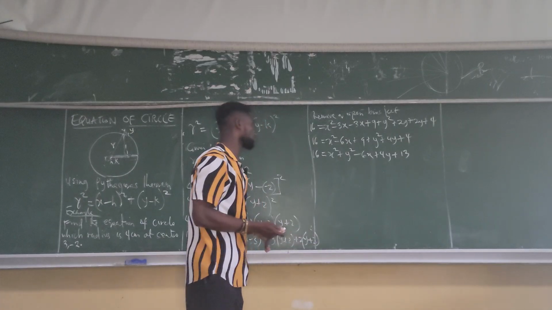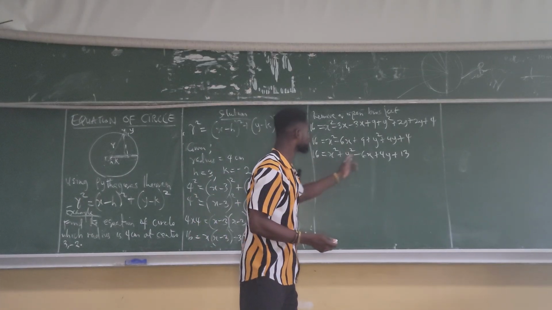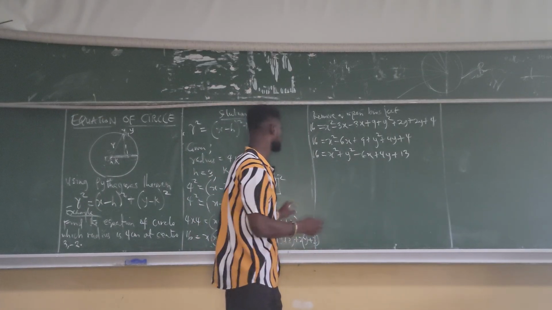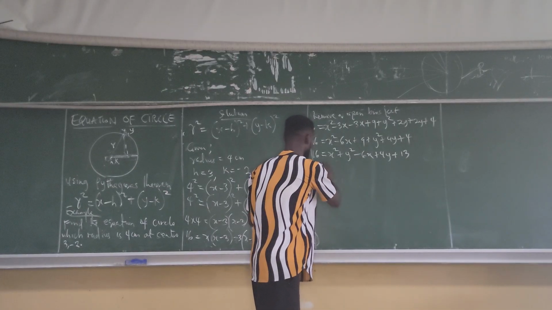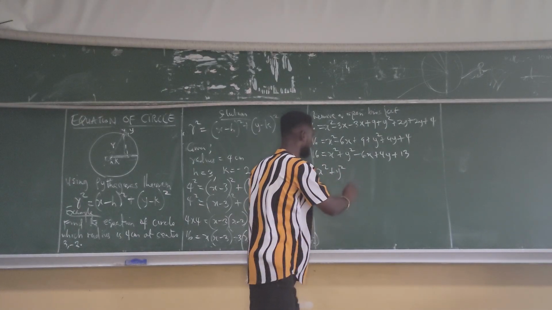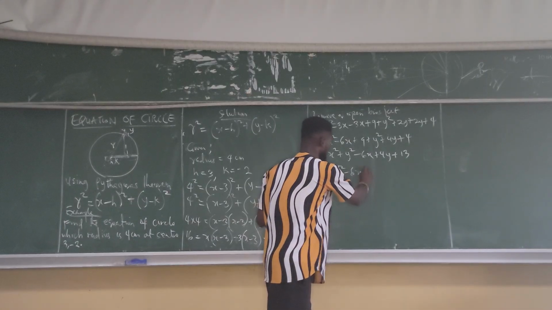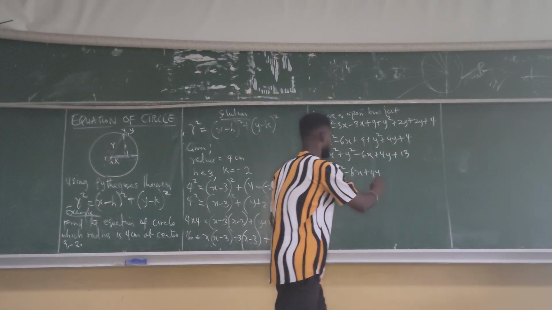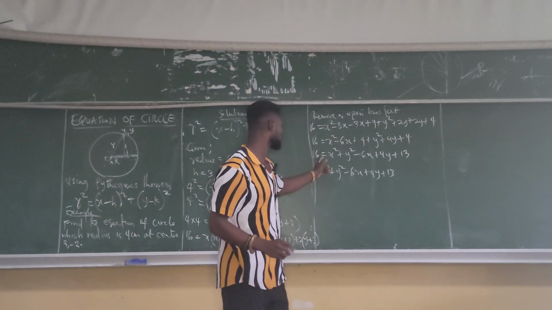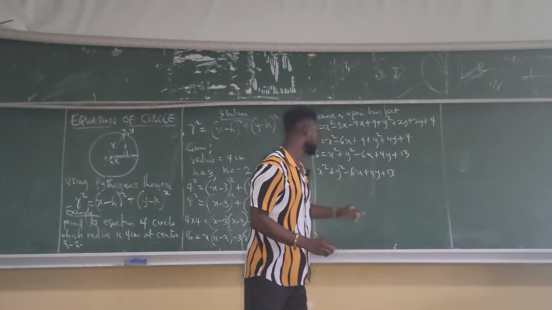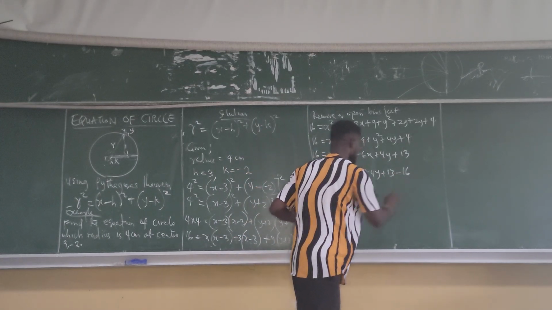Remember, we are looking for an equation, so we can take this 16 to meet up with this 13. By doing that, you can write this equation as x square plus y square minus 6x plus 4y plus 13. When 16 crosses the equality sign to meet this 13, it becomes minus 16.